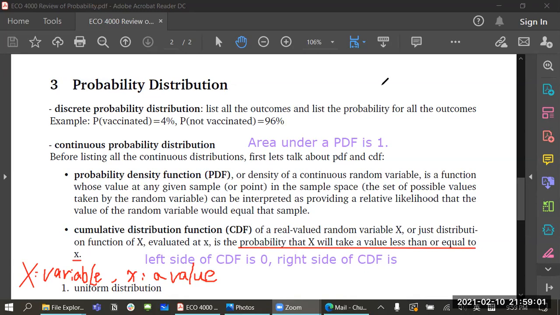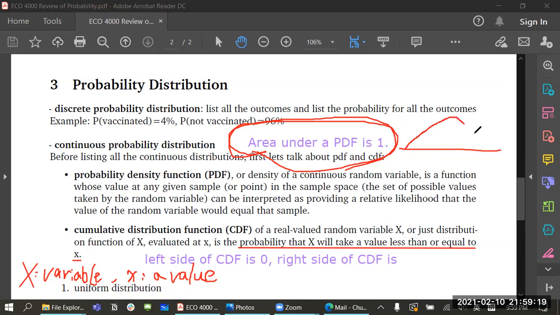But let's first understand that under the PDF, the value is always 1. That means if this part is 0.5, then another part is also 0.5, because these two parts have to add up to 1.